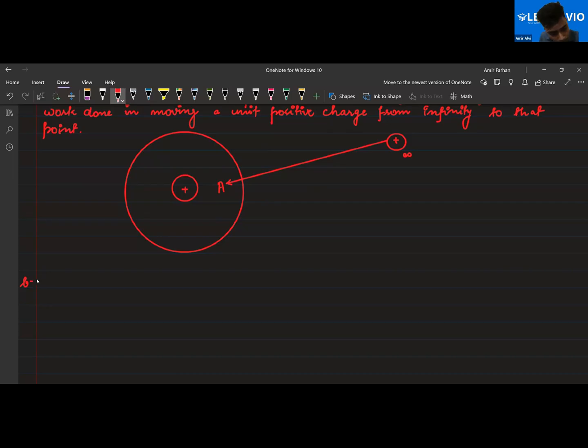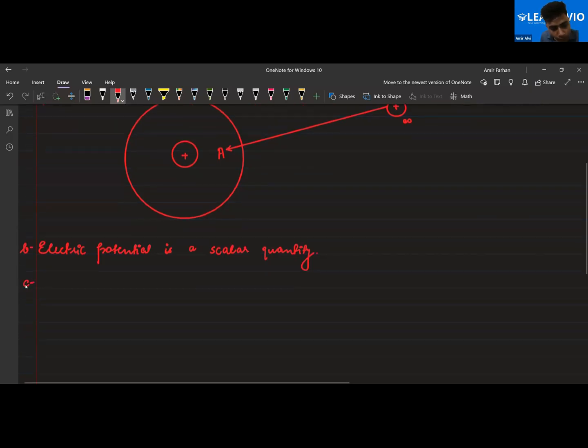So electric potential is a scalar quantity.